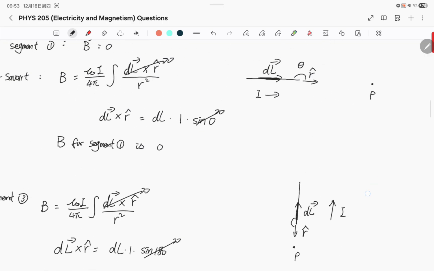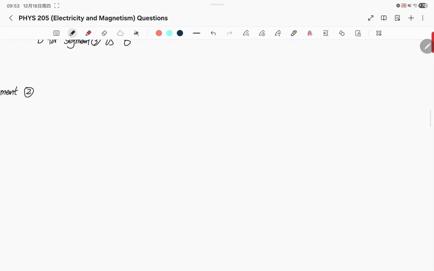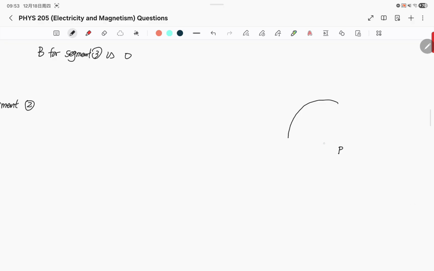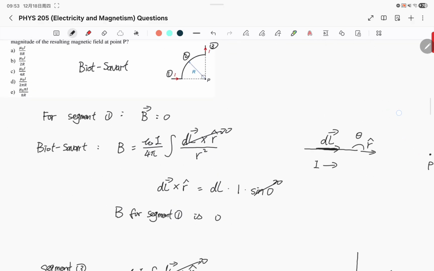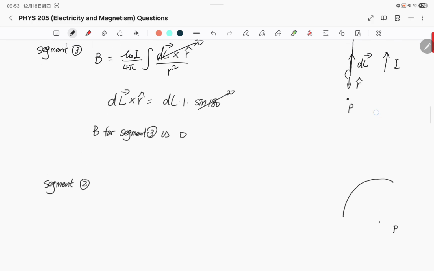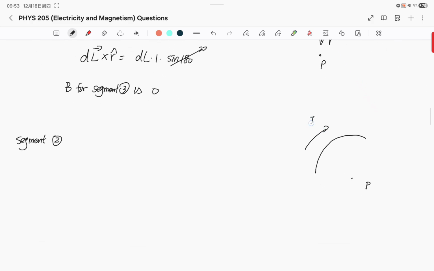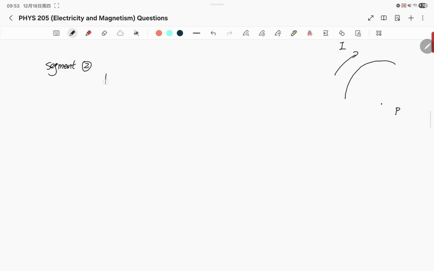Now we are left with segment 2, where we have an arc. And let's also draw this. This is our P. This is our piece here. And current flows in this direction. So B is equal to mu naught I over 4 pi integral dl cross r hat over r squared.